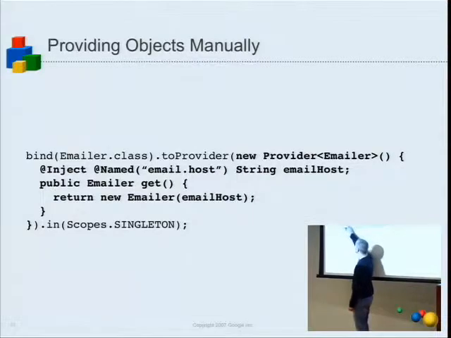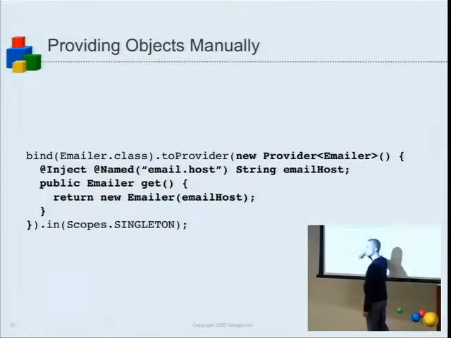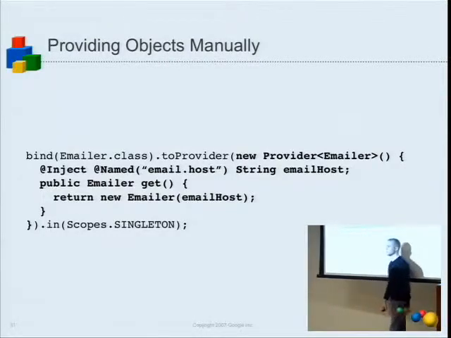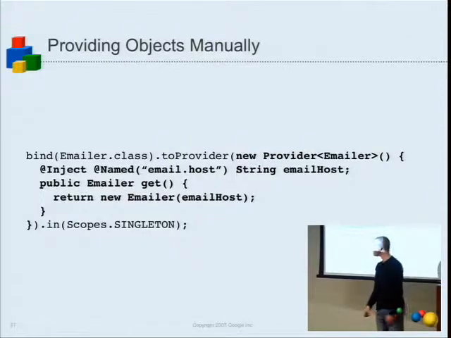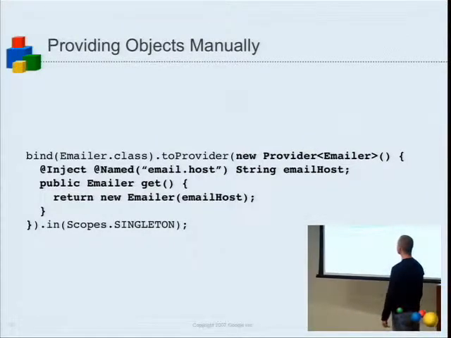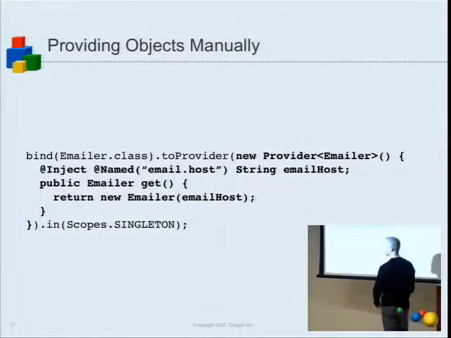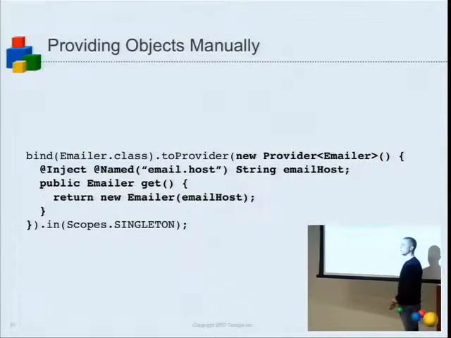In this case, we're going to inject the name of the email host, like the email server name, and then we can take those values and pass them on to the class. So the interesting thing here is that service info wouldn't have to change. It doesn't care whether Guice is creating emailer or whether we're creating it manually in our custom provider. It's completely decoupled.